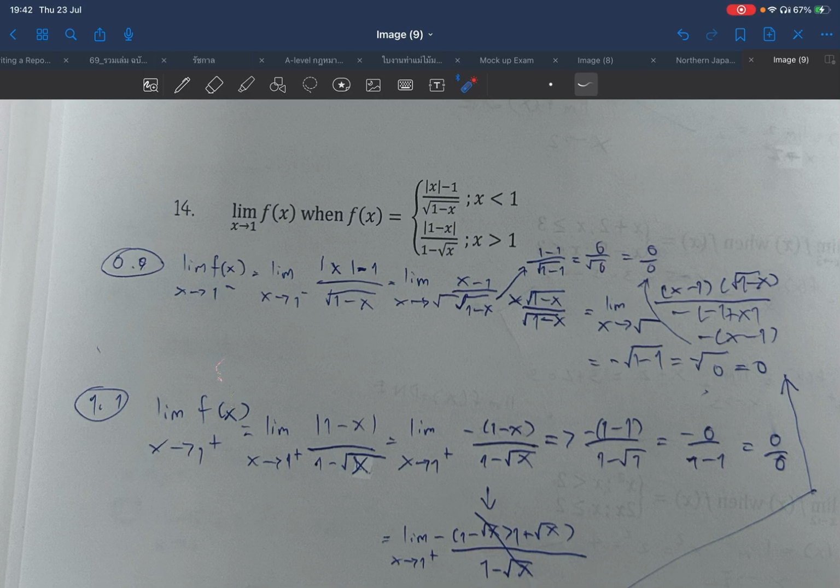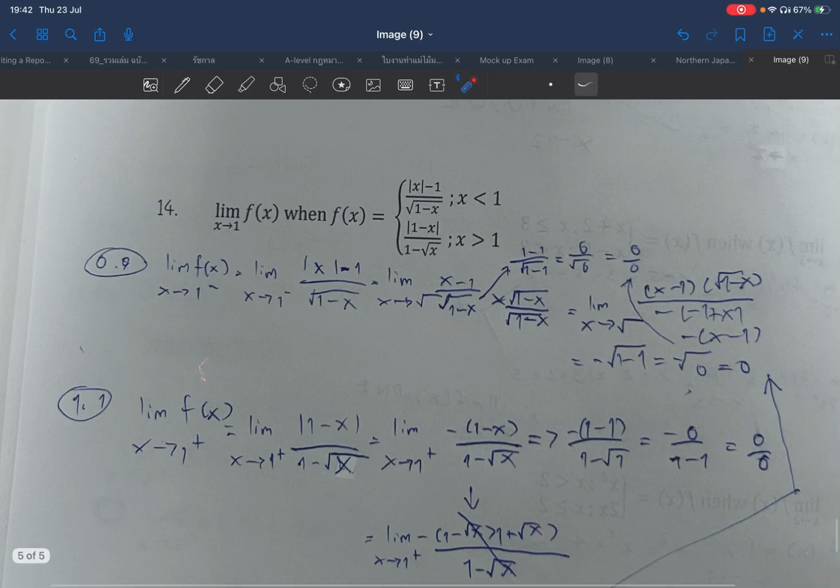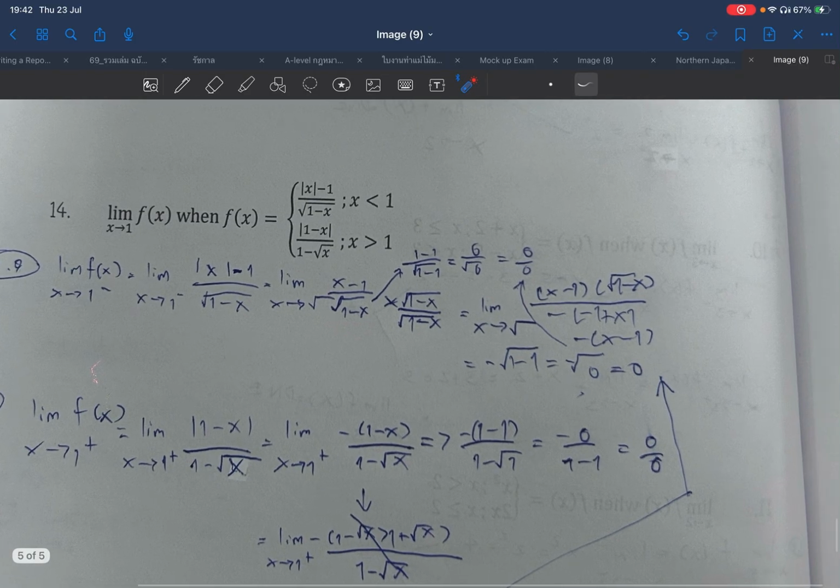Alright, our left-hand limit is x more than 1. Absolute x, the fraction becomes x minus 1 over 1 minus root x. So equals minus root 1, substituting x equals 1, which we will get minus root 0 equals 0.